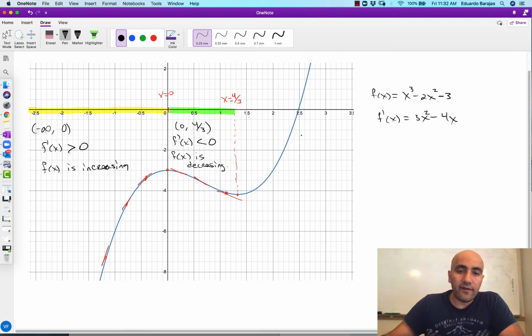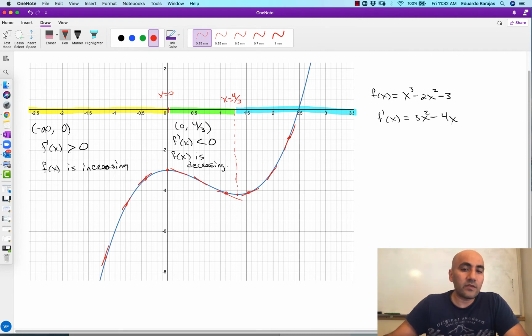Good. And then the final section over here, starting from this point on that way, the slopes of the tangent lines are all going to be positive. So here we have some positive slope on the tangent line, and then another positive slope, and then another positive slope. The slopes are all going to be positive.